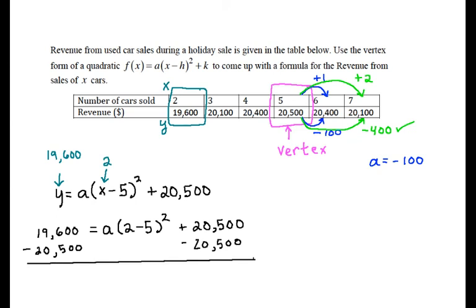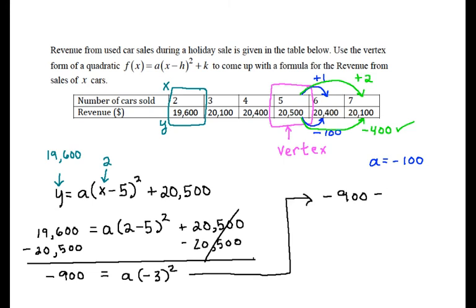This gets me, I think, negative 900. And over here, these terms are gone, and I have a times negative 3 squared. That negative 3 is inside parentheses, so the whole thing gets squared to positive 9. And that becomes 9a. Dividing both sides by 9, we can see our negative 100 just fall very naturally out of the computations.